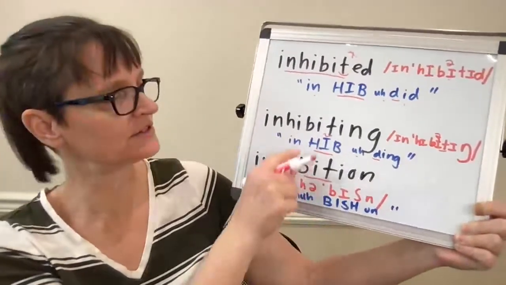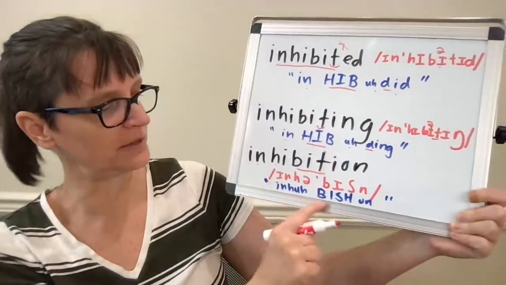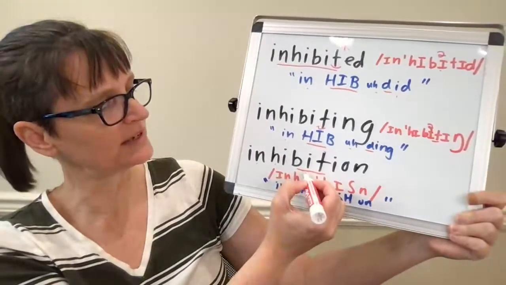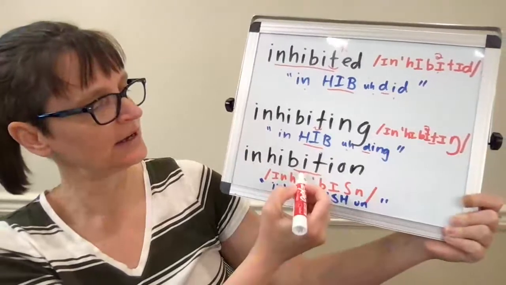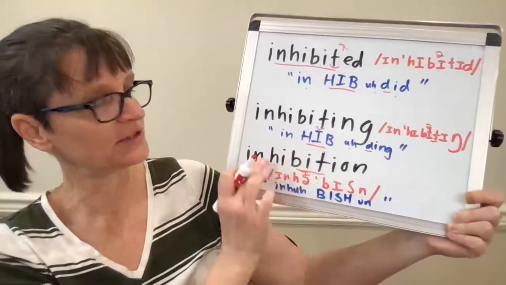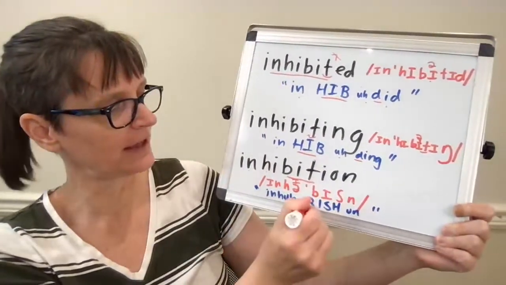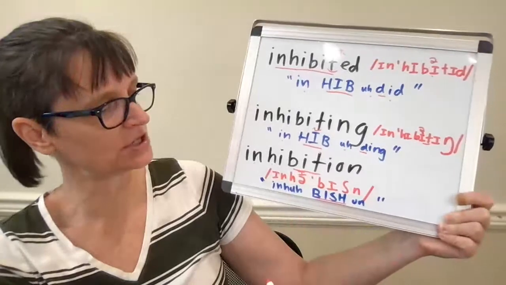This hib, instead of the long stressed I, turns into more of a h, inhibition. Or it can also be an I, inhibition. I think just again, making a clear difference that you're not going to be stressing on that second syllable in inhibition, but rather your length and your stress is on the bish syllable.